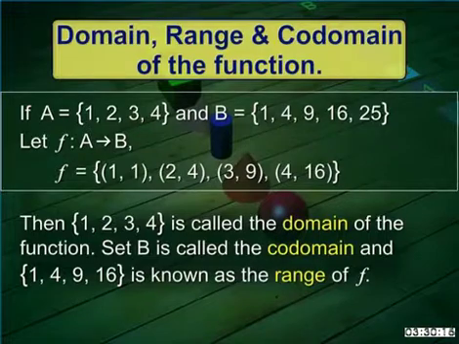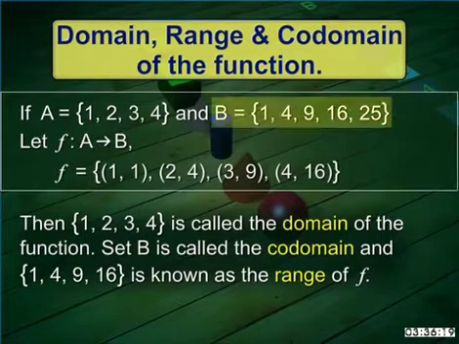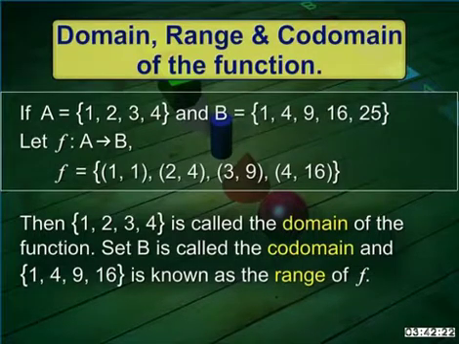If set A contains elements 1, 2, 3, 4 and set B contains elements 1, 4, 9, 16 and 25, let f be a function from set A to B, and f is the set of ordered pairs of A cross B. That is, f is the set of ordered pairs (1, 1), (2, 4), (3, 9) and (4, 16).